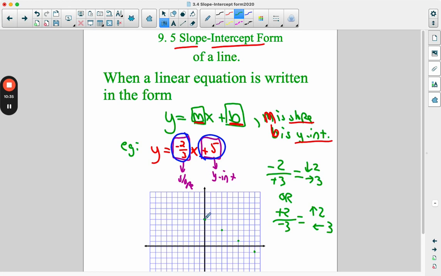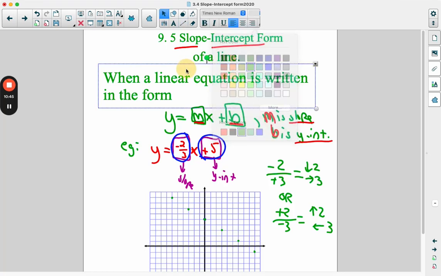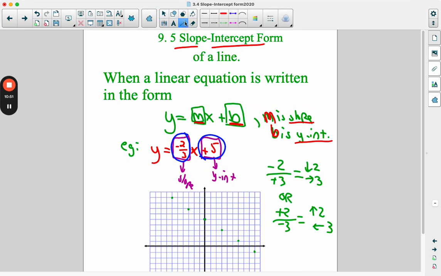Again, starting at that first point, I could go up 2, left 3, up 2, left 3. And then all I have to do is connect the dots. Put my pen on one close to the edge, and drag it through the one on the other edge, and put your arrows.